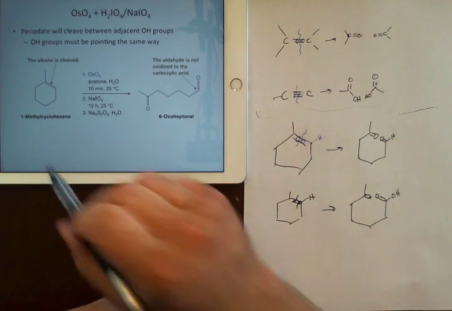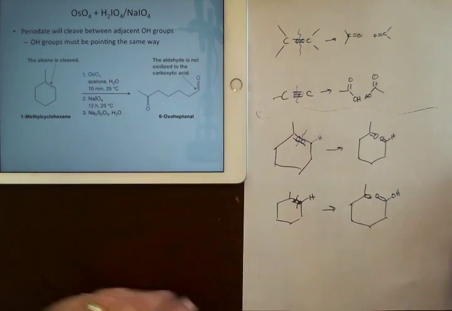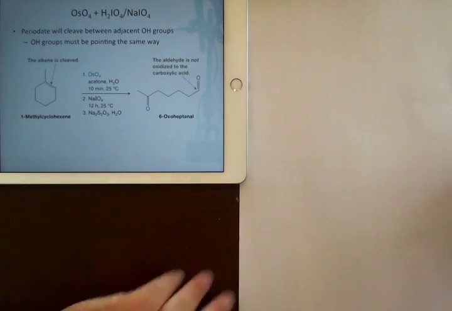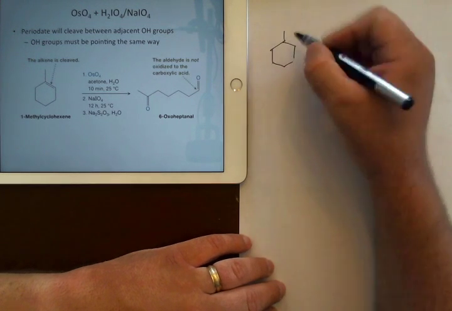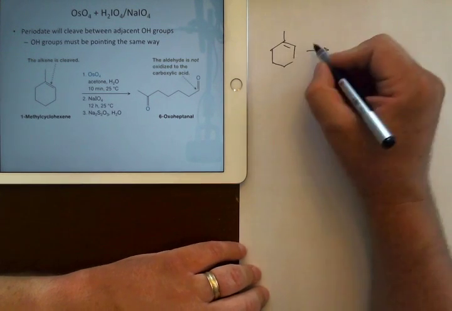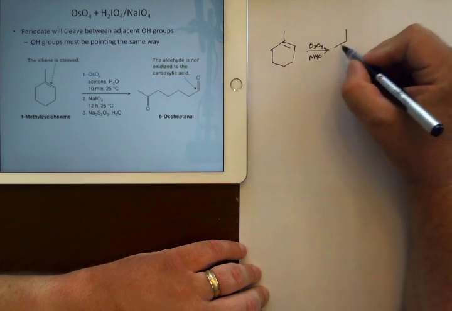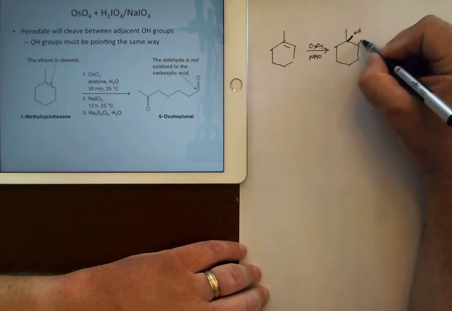So the reason why we're talking about that dihydroxylation is that if you do the osmium tetroxide reaction, so you do OsO4, NMO, you're going to end up with OH, OH.